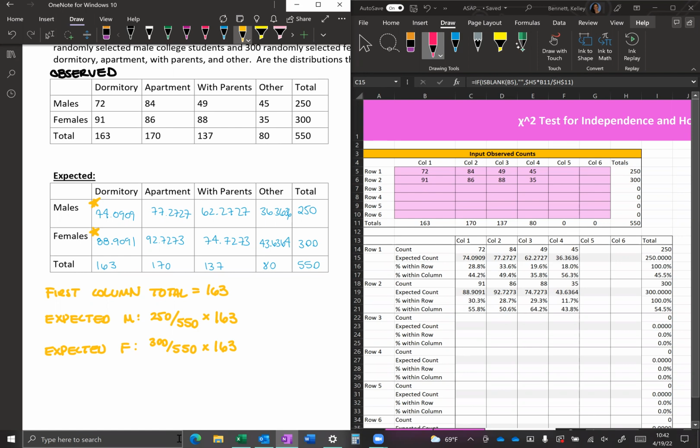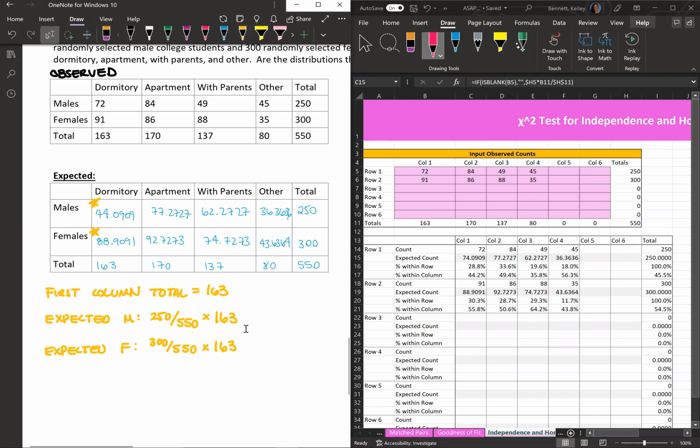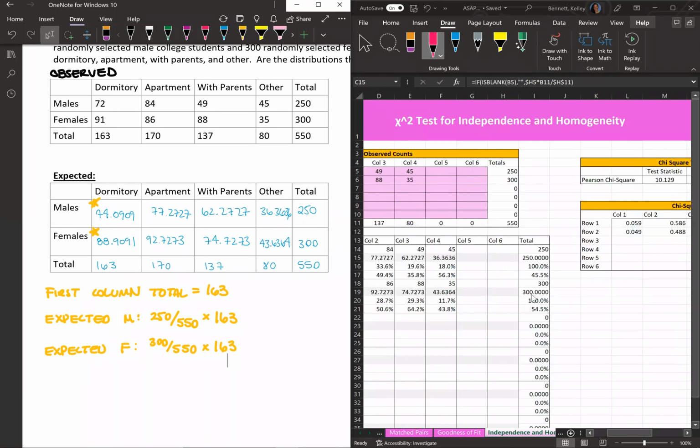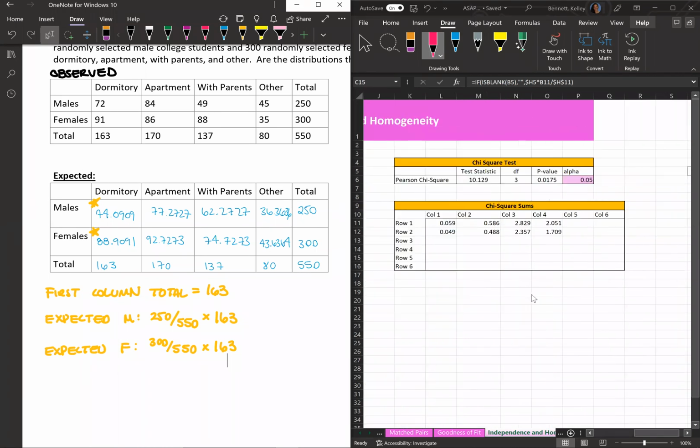So again, it's just a preservation of the proportionality on the two populations to say whether or not they're coming from the same distribution or from a different distribution. So that's how you would get the expected values. Now that we have them, we can compute the residuals.